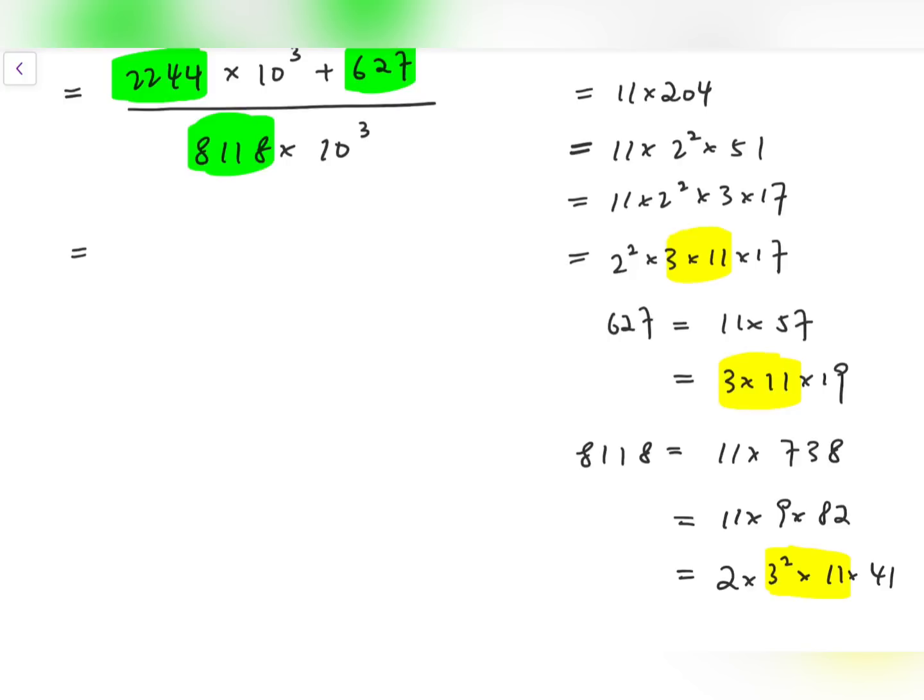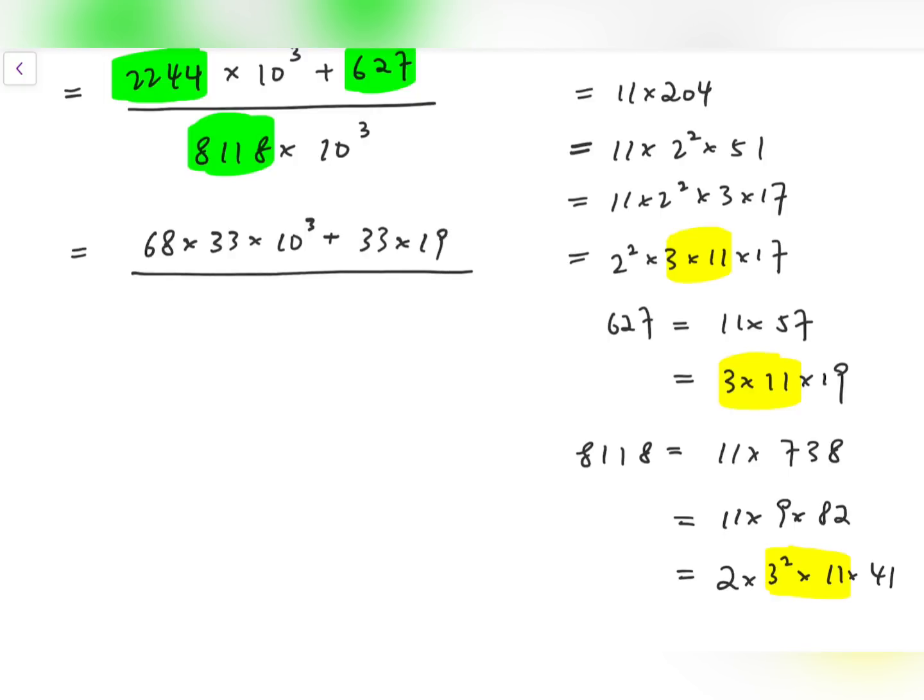While for 2244, I can write that as just 4 times 17, and that's 68. So I'll write that as 68 times 33 times 1,000, and then 627 is 33 times 19.